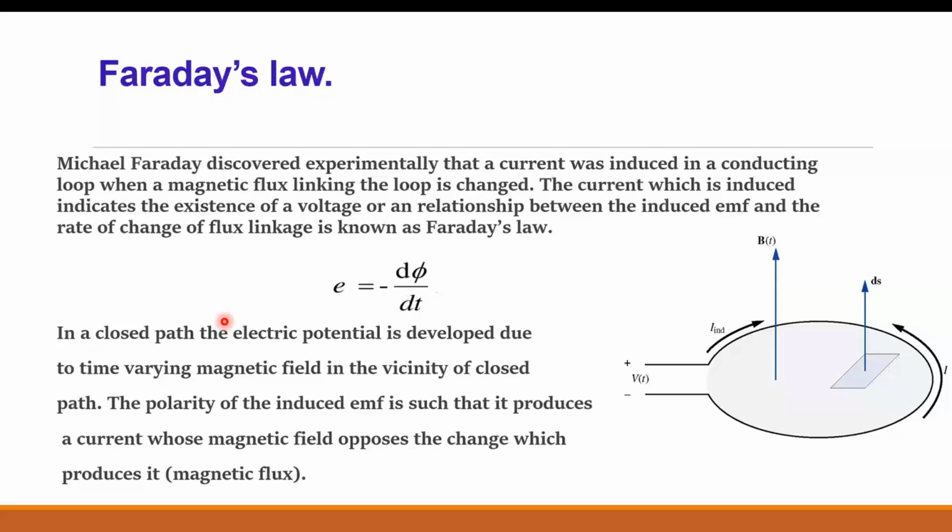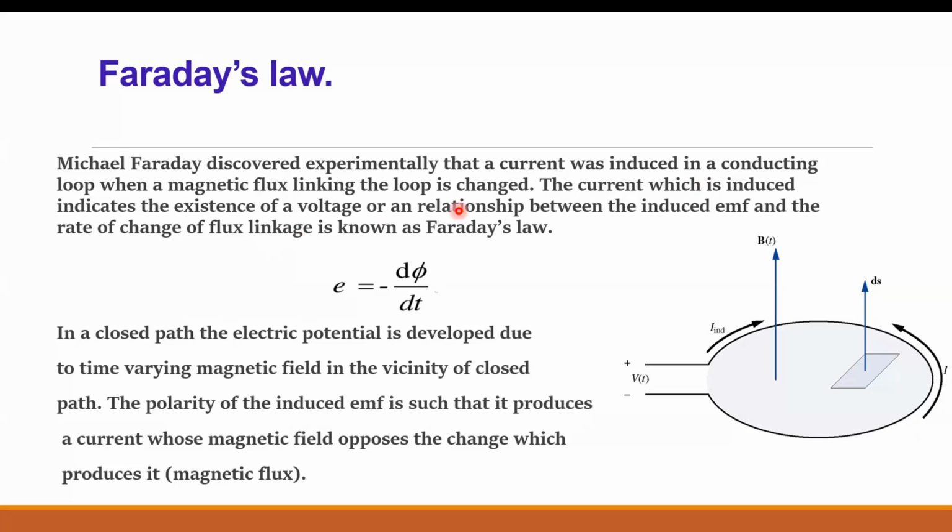So that induced EMF is given by Faraday's law. Faraday discovered these things experimentally, and whatever induced EMF there is allows some current to flow in the closed path. So we are going to relate all these things together. What Michael Faraday discovered experimentally is that a current was induced in a conducting loop when the magnetic flux linking the loop is changed.